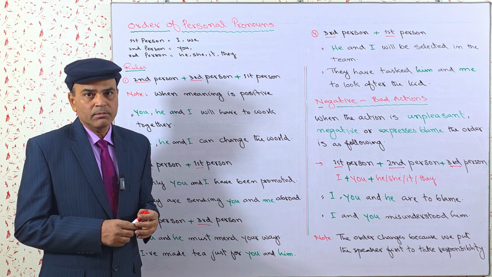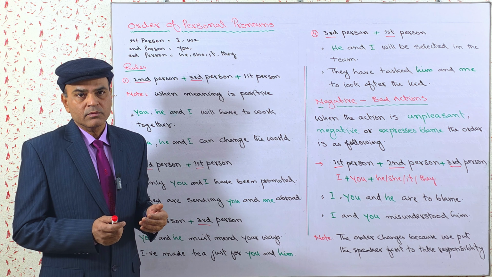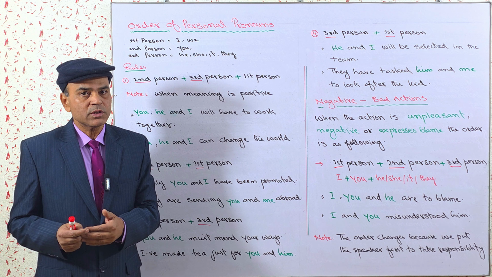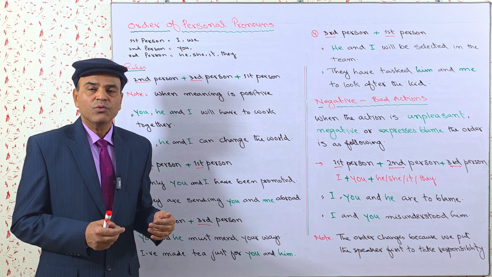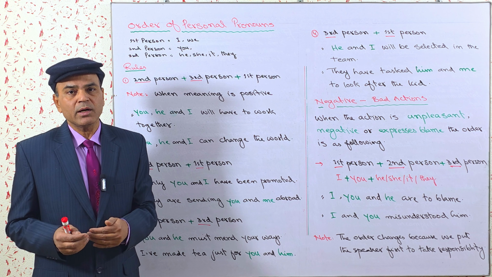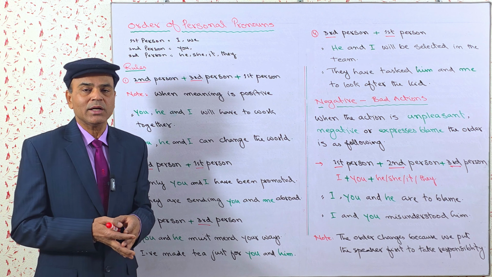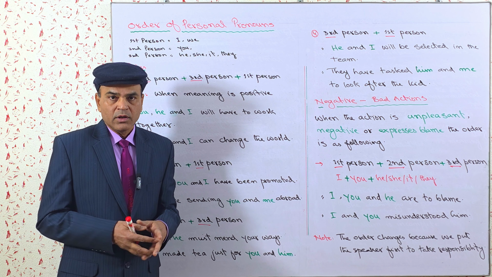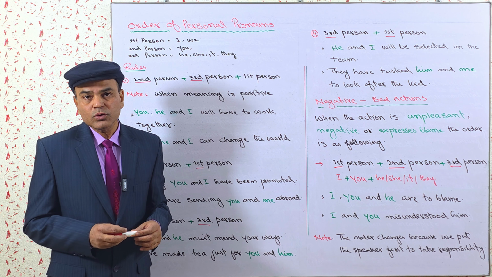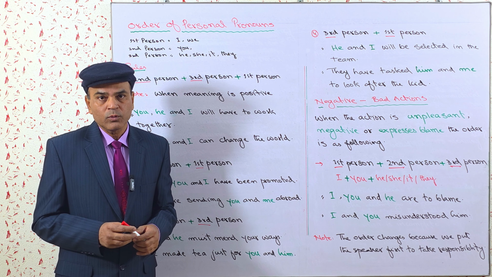When we use them in a sentence, we have rules, but sometimes we have to use more than one personal pronoun together in a sentence. Then there are certain rules that we have to follow.